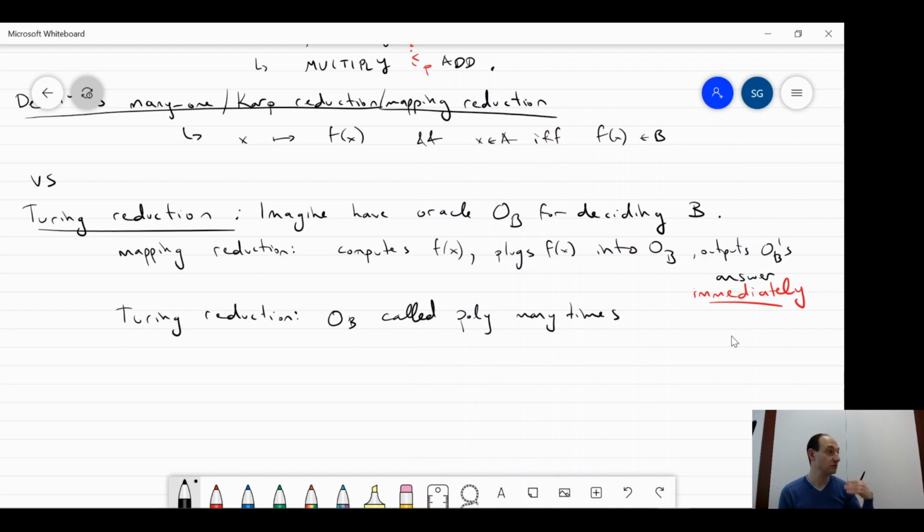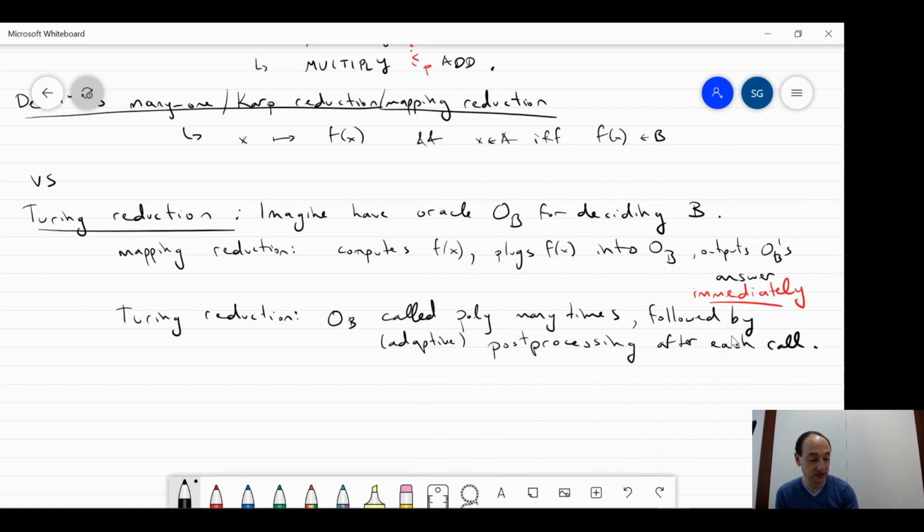The first time you call it, you get an answer, you can do some computation, some post-processing, then decide what your next query to the OB oracle will be, and so forth. It can be adaptive post-processing after each call, if desired. You don't have to do anything if you don't want.